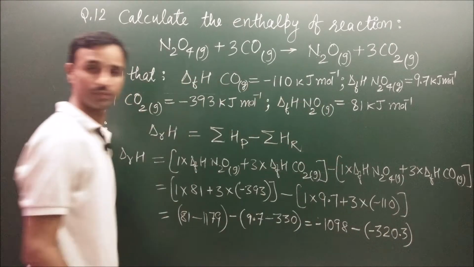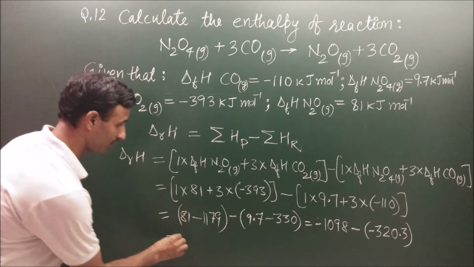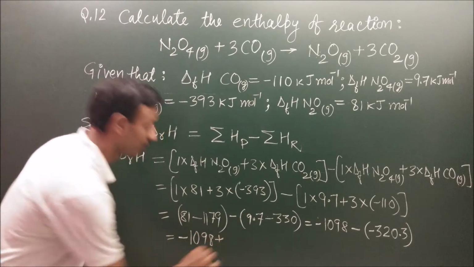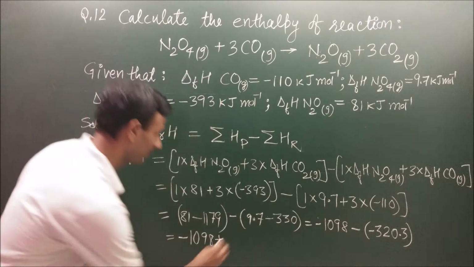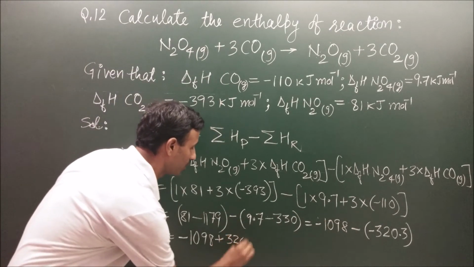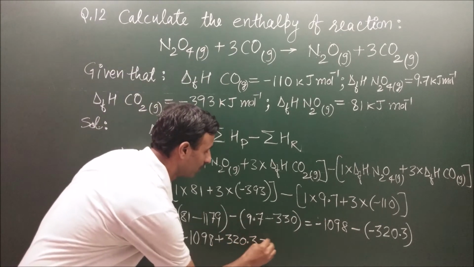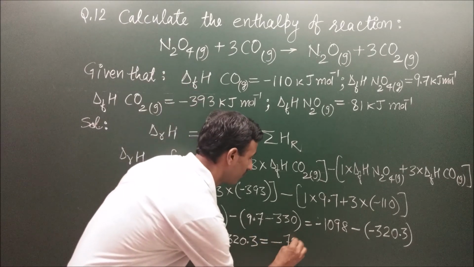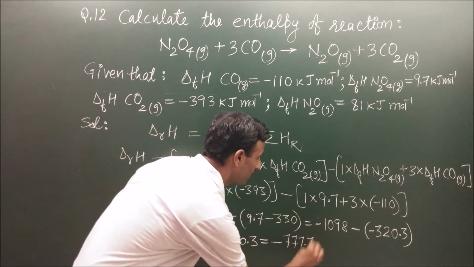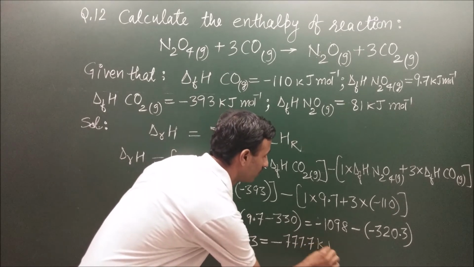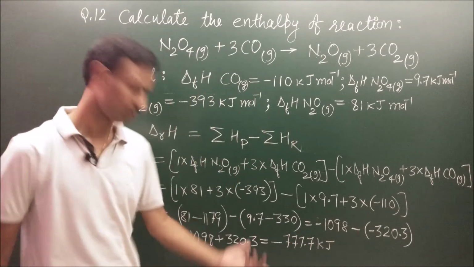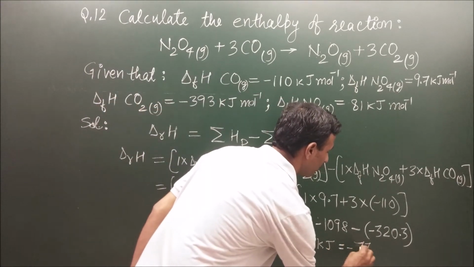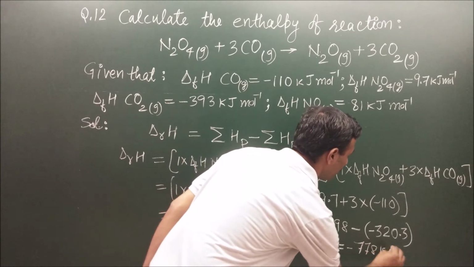So it is minus 1098 minus minus plus 320.3, which comes out to be minus 777.7 kilojoule. Roundabout it is minus 778 kilojoule.